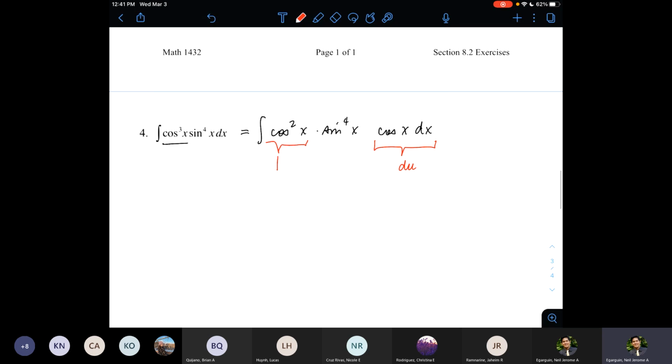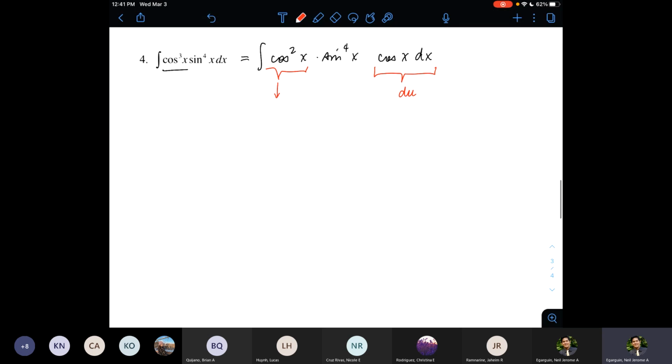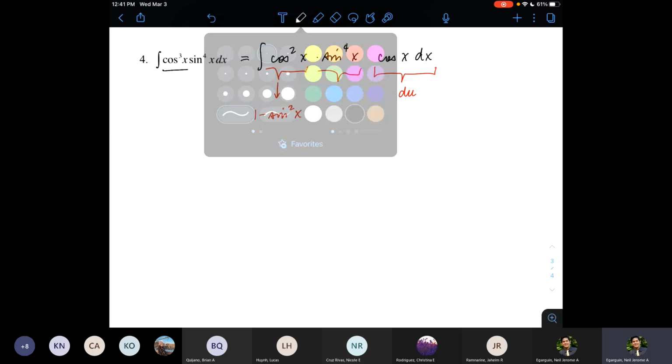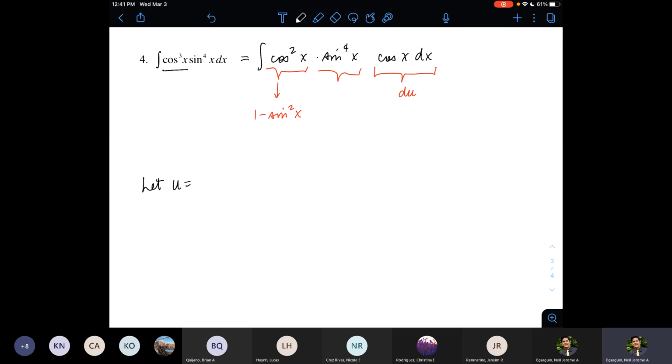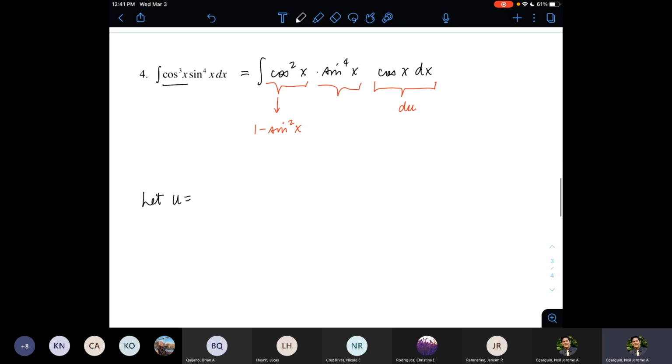Remember, I can write this using the Pythagorean identity in terms of the sine function. I can write it as 1 minus sine squared x. And then this one, I can retain as sine to the 4th, right? But why did I do that? Because here, I want to let u be equal to the appropriate u.